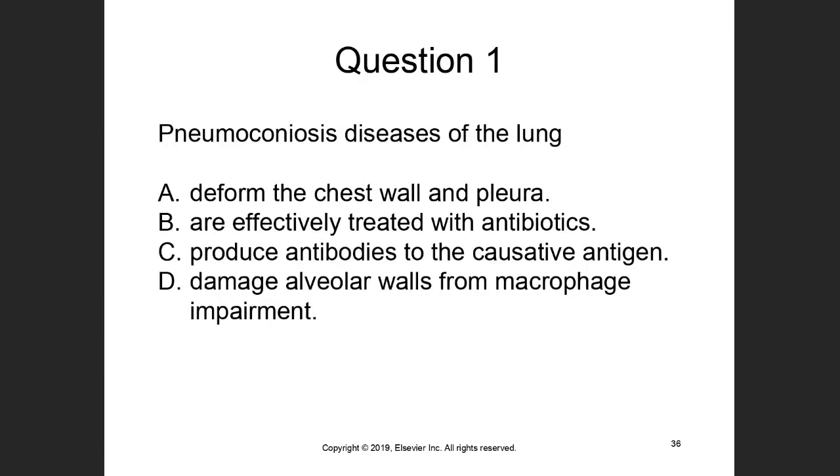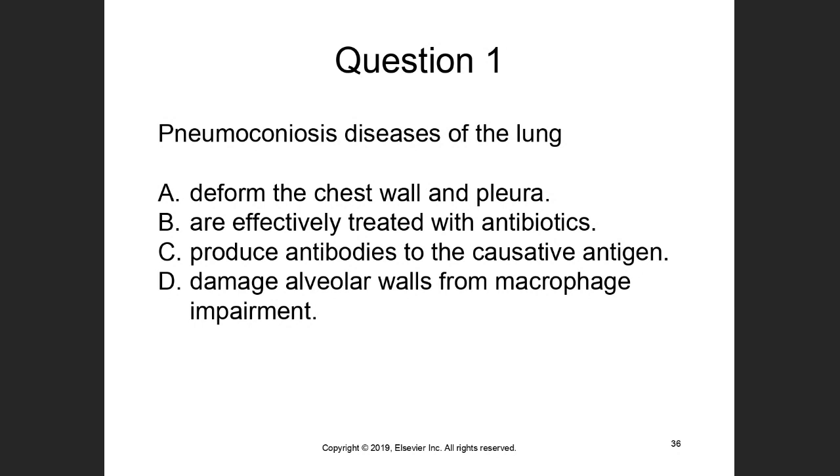And we have question number 1. Pneumoconiosis, a disease of the lung. A, deforms the chest wall and pleura. B, is effectively treated with antibiotics. C, produces antibodies to the associated agents and damages the alveolar wall from macrophage impairment.